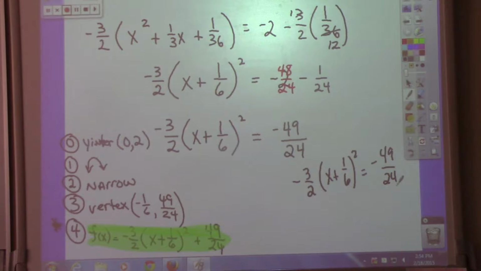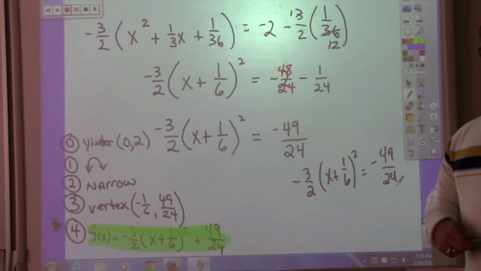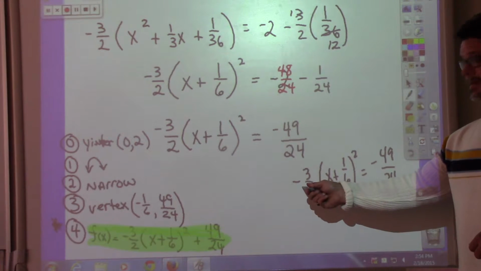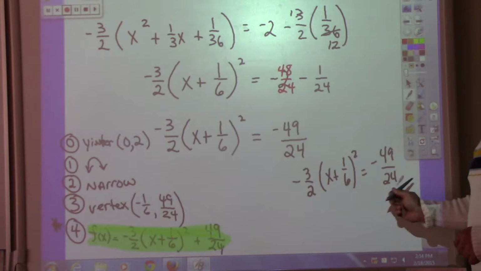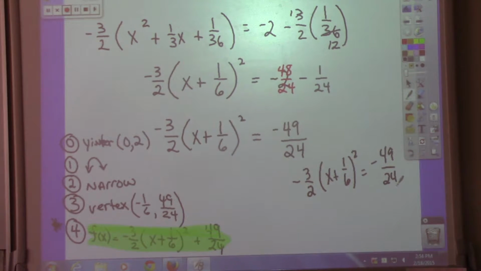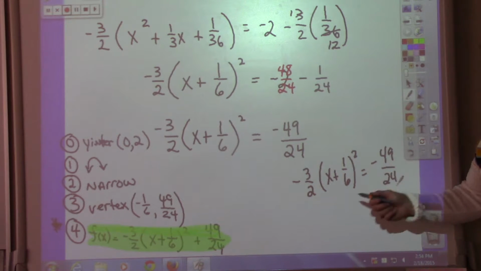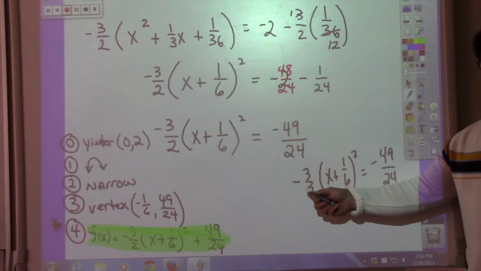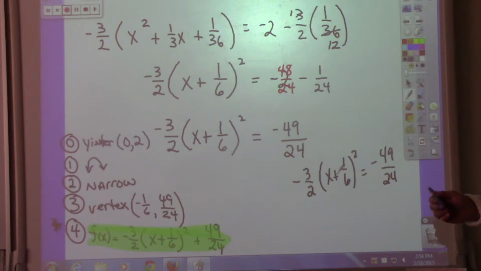Do we have x-intercepts? No. Yes, we do. Why? There's a negative over there, but there's also a negative over here, and it's going to make it positive. So we have x-intercepts. You got to watch that. The only time a negative tells you that there ain't any is when you've got a positive right here, and then you'll have a negative, and you can't take the square root of a negative.